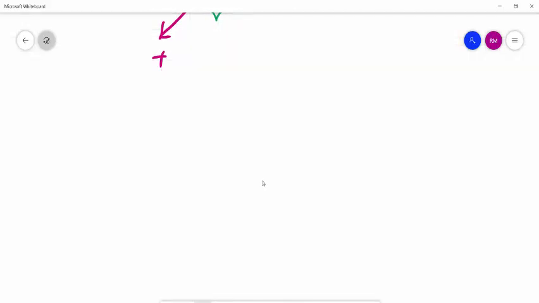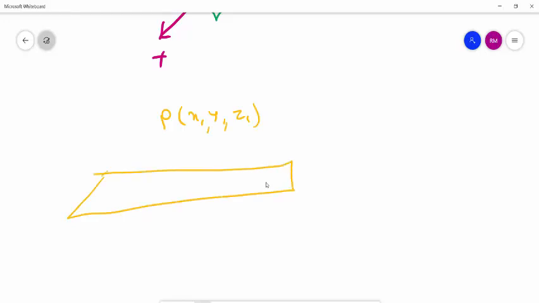Next is, suppose P is a point having coordinates say x1, y1, z1. And this plane having equation say ax plus by plus cz plus d equal to 0.